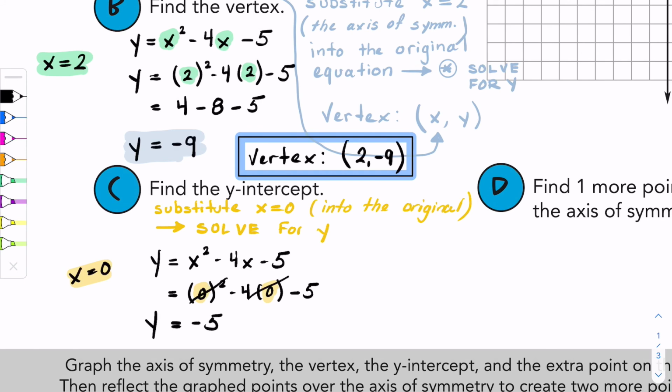So for this example, our y-intercept happens at 0 for the x-coordinate, negative 5 for the y-coordinate.